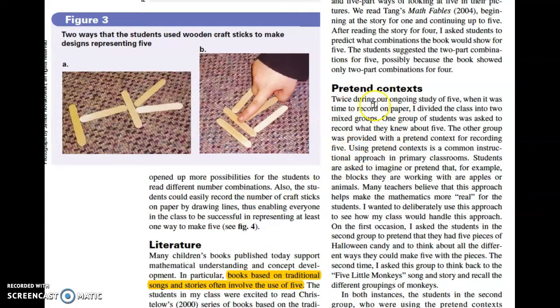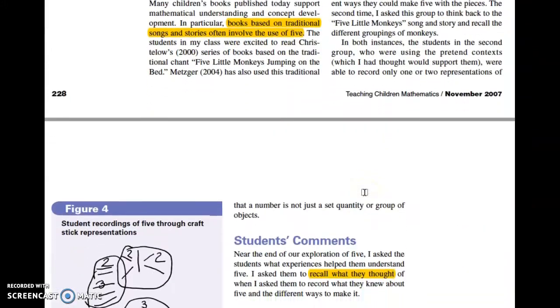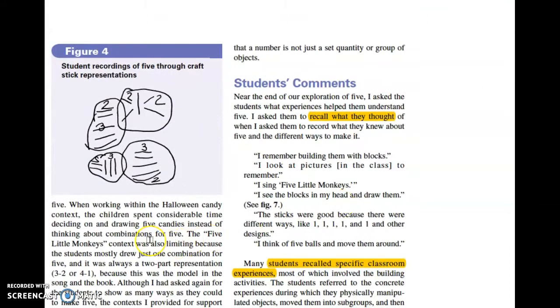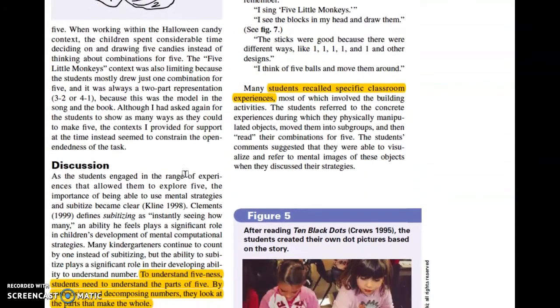She also gives them opportunities to pretend, such as giving them different objects and saying that it is Halloween candy, and show the representation of the different combinations of kinds of candies. Again, students are encouraged to record through their representations.